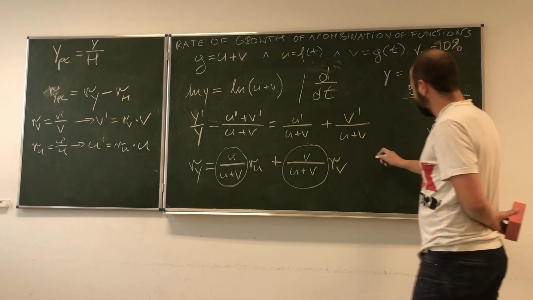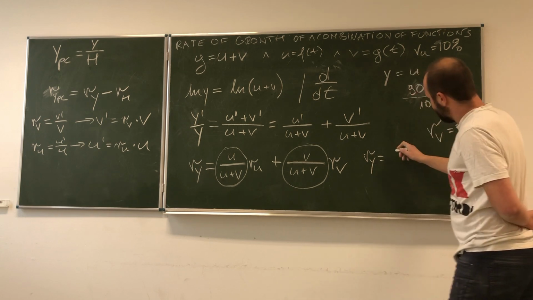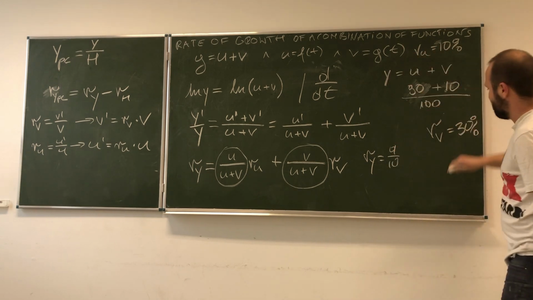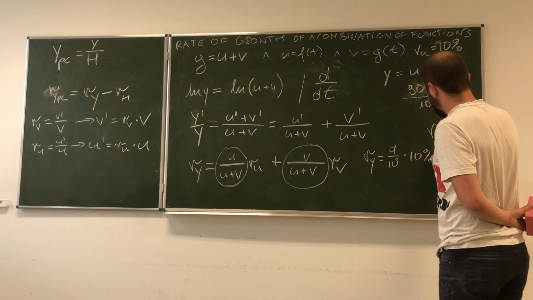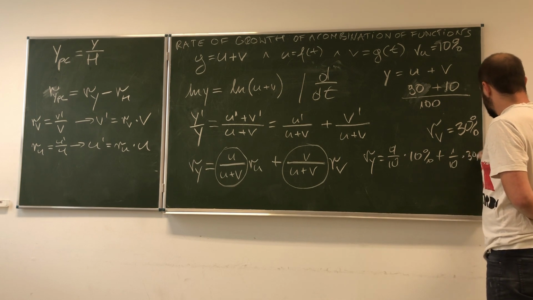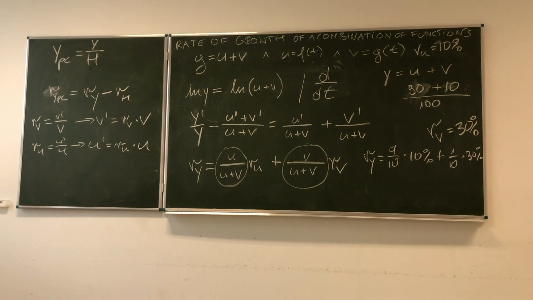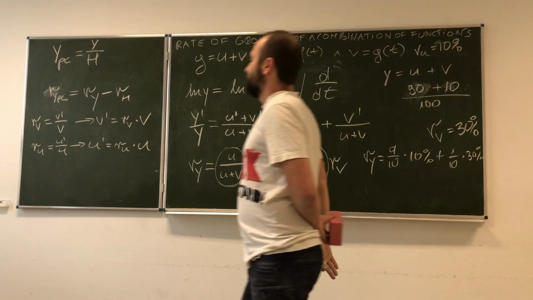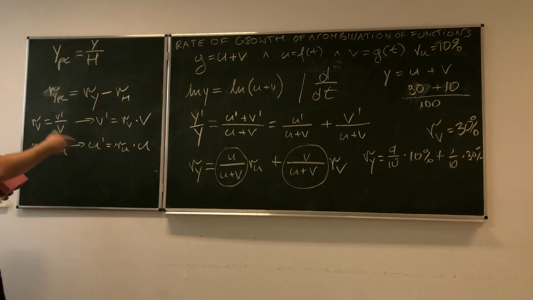Well, if we want to find the growth rate of y, we would use 9 over 10 times 10% plus 1 over 10 times 30%. And if we add it all up, we will be able to find the growth rate of y. And you see that the bigger the initial value of one of these components, the bigger its impact on the value of y.